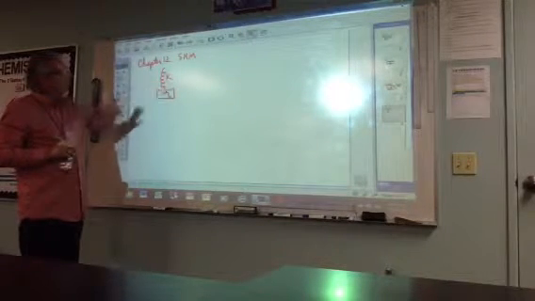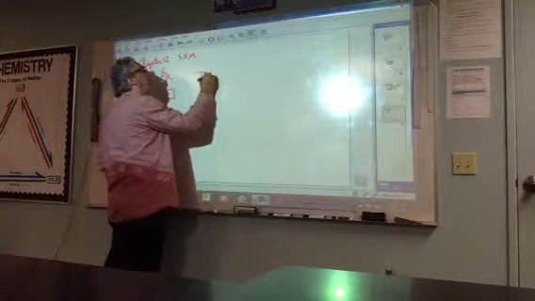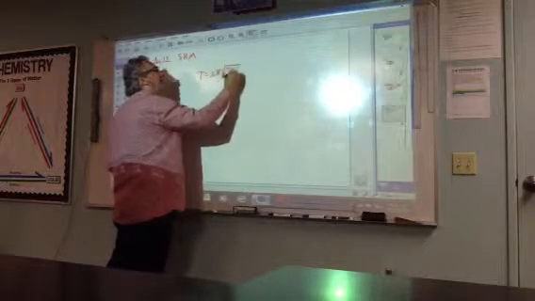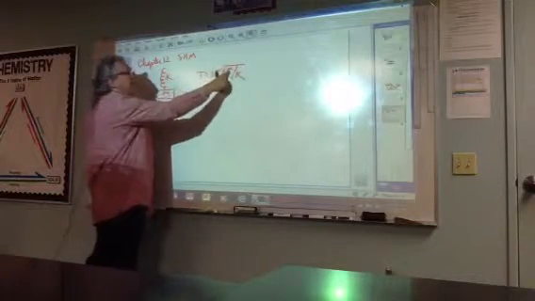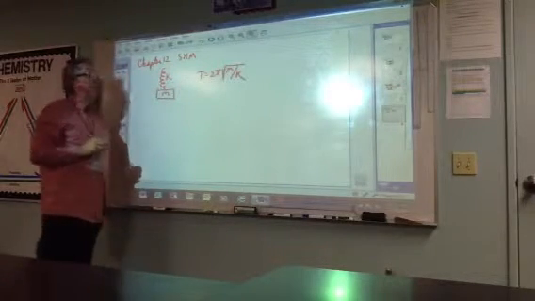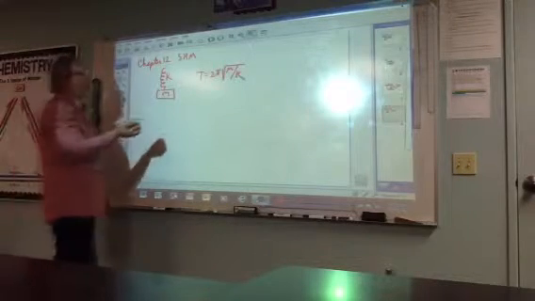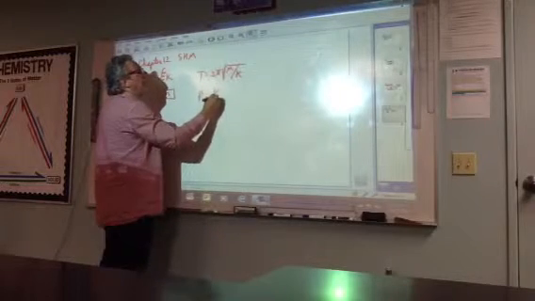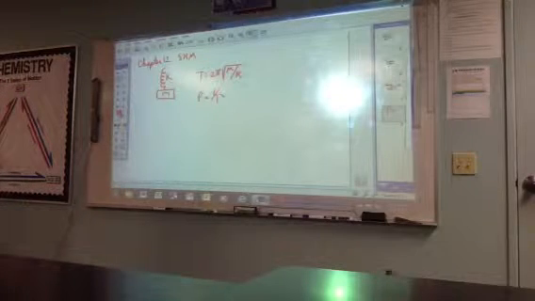We have a formula that gives you the period of that oscillation. The period is going to be equal to 2 pi times the square root of M divided by K, okay? So you take the mass here, plug it in here, divide by the spring constant here, take the square root of that, multiply by 2 pi, and you have the period. If I want to know what the frequency is going to be, it's 1 over the period. So you just take the reciprocal of that, and you can get the frequency.